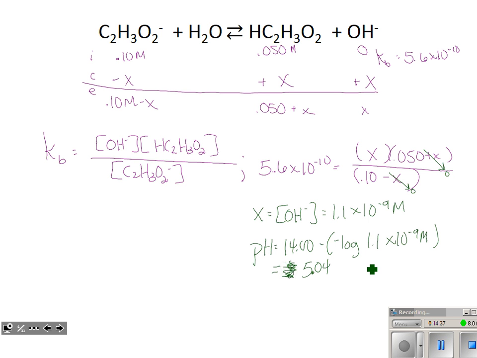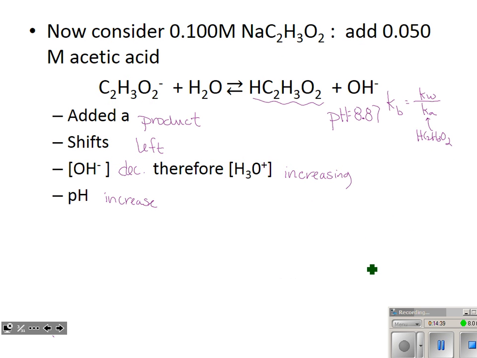And we predicted that the pH of our salt, sodium acetate, which was 8.87, would increase. Oh, no, we didn't. I was wrong. I'm sure you caught that. So when the hydronium ion concentration increases, you guys know, the pH decreases.